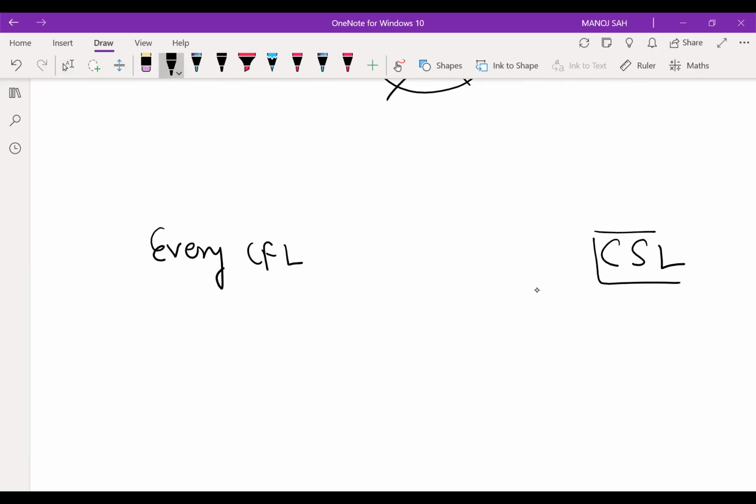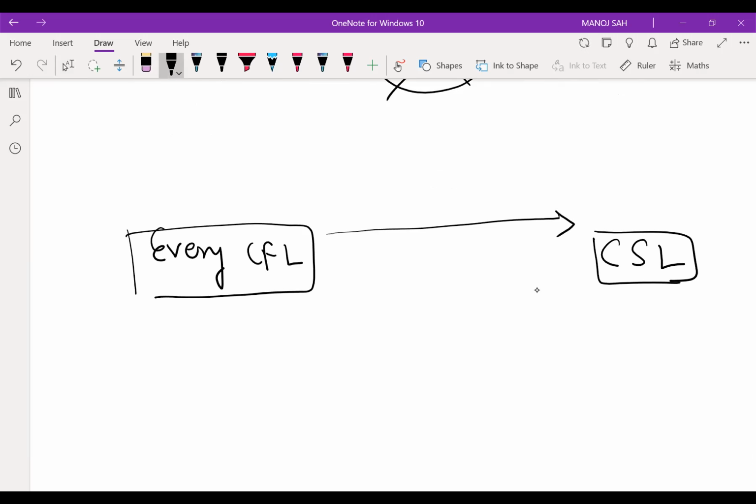So every CFL is CSL, but not every CSL is CFL.